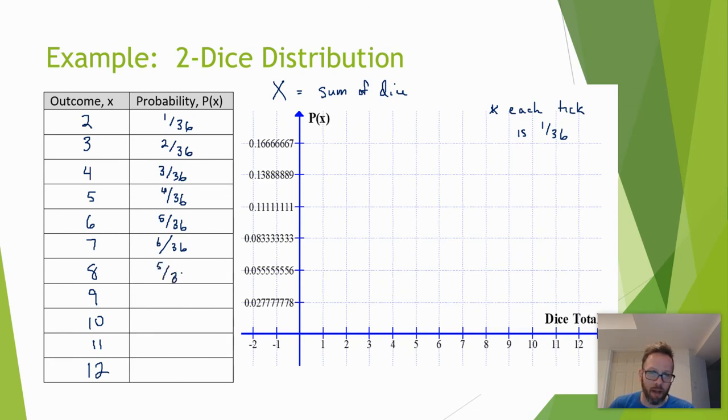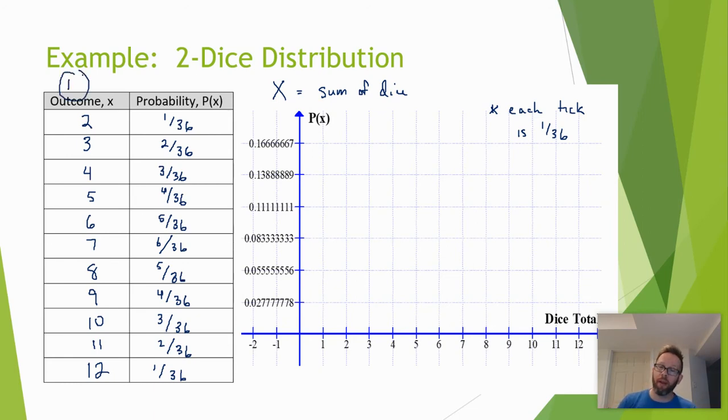But as we'll see in a minute, there is value in leaving things with a common denominator, even if you could simplify those. And then finally, a 1 out of 36 chance of getting a 12. So we have created the probability distribution for rolling 2 dice.